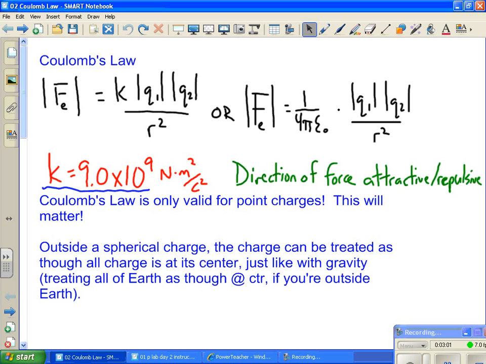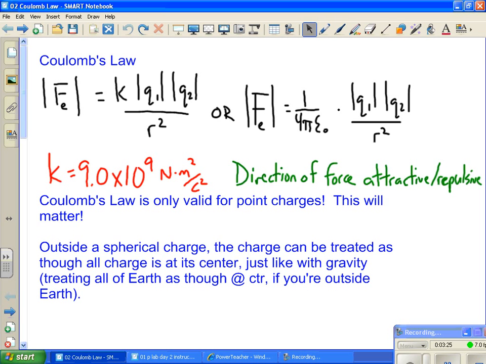You can look up a more exact value, but it's really, really close. If you're doing 2 digits, it's 9. So 9 times 10 to the 9, that's 9 billion. So that electric constant is way, way, way bigger than the gravitational constant. And it's going to turn out that electric forces are way larger amounts than gravitational forces. We'll work that out in just a minute.